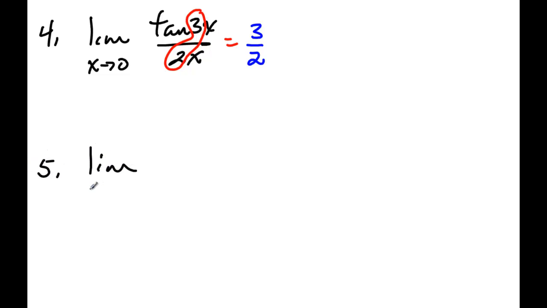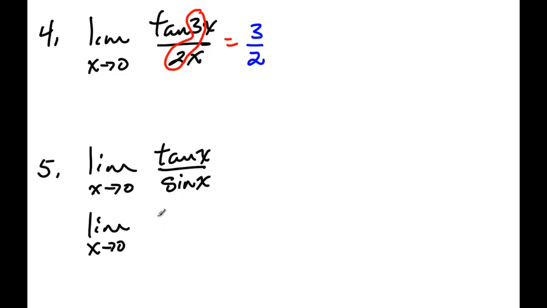So for instance, if we have the limit as x goes to 0 of tan x divided by sine x, believe it or not, the answer here is still 1. You can almost think of this as the limit as x goes to 0 of tan x over x divided by sine x over x.